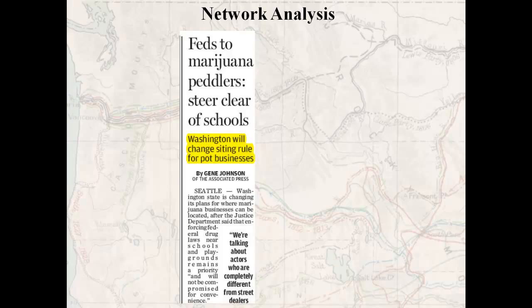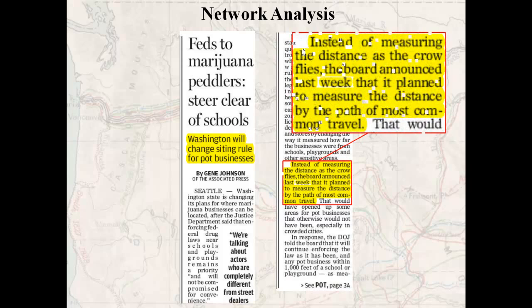Here's yet another example. Washington State legalized marijuana probably back in 2013, and they had to decide where they were going to allow people to sell marijuana, and so they made some rules about not allowing sales close to schools or playgrounds. They made a rule that says you have to be X number of feet away from a school or a playground. Well, they decided that maybe X number of feet didn't really matter in terms of a straight shot.